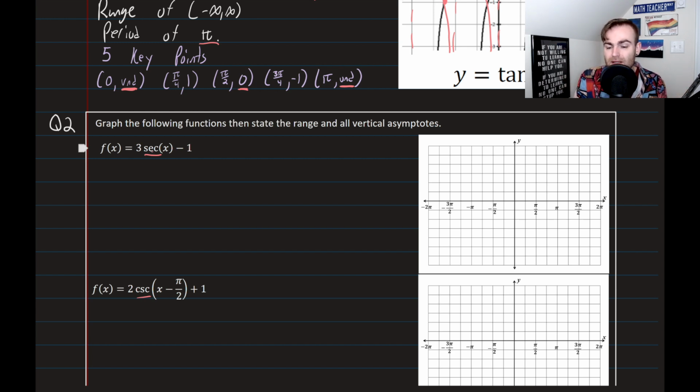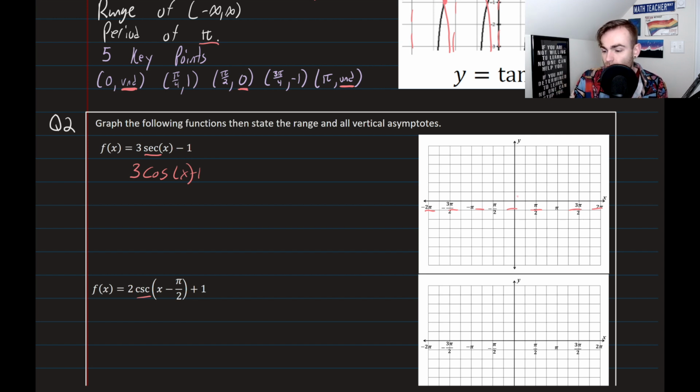Let's try secant, which is the reciprocal of 3 cosine x minus 1. Let's graph this function. By default, I know that it's going to have a middle of negative 1, and it has an amplitude of 3.